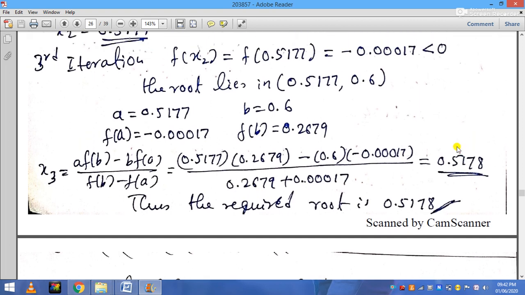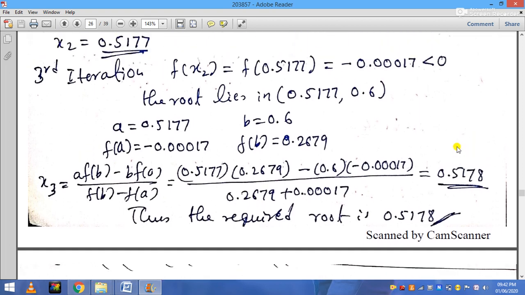The second iteration is 0.5177. The third iteration is 0.5178. So the distance is very small, that is 0.0001. Therefore x2 and x3 are nearly the same. Therefore the smallest root or required root is 0.5178.